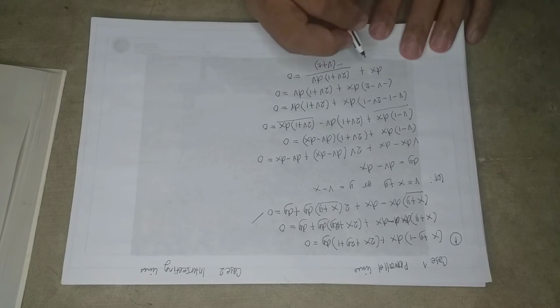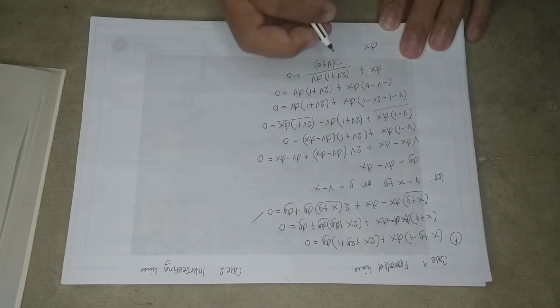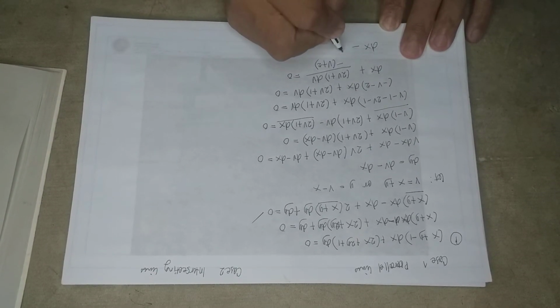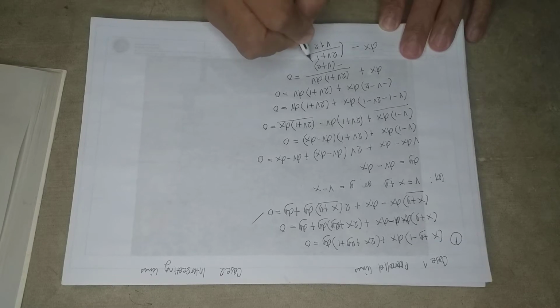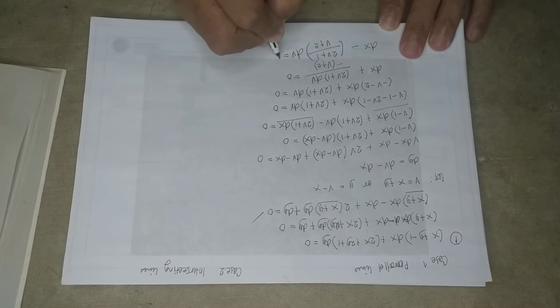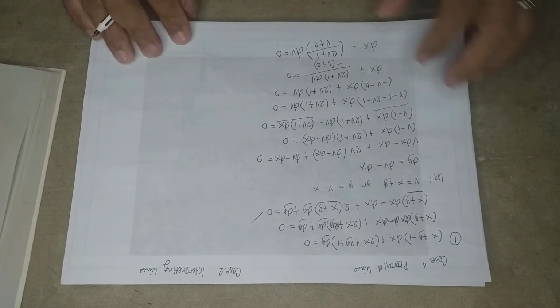Or we can write this as dx - (2v + 1)/(v + 2) dv = 0.